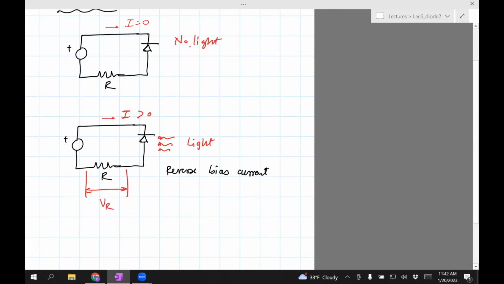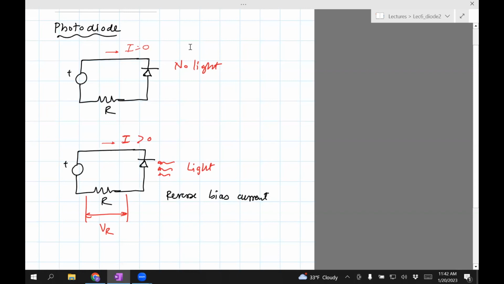So once you sense that the voltage is non-zero, then you know that current is flowing through the circuit, and that's how you will use this photodiode as a sensor in whatever system you build.